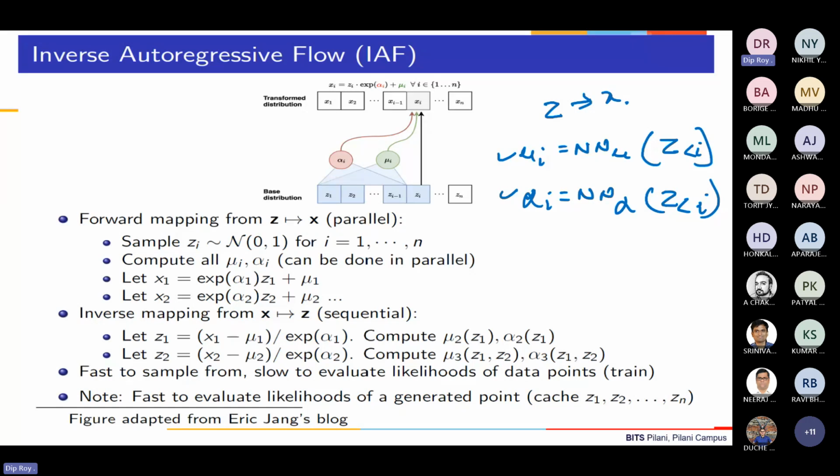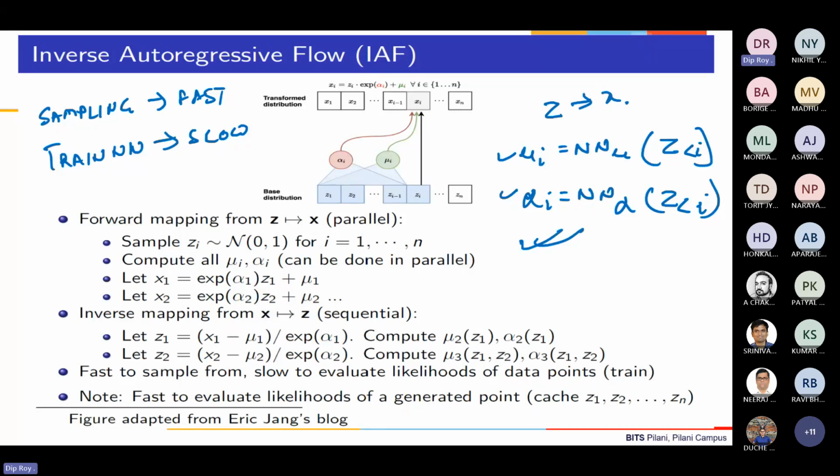So here the sampling is going to be fast. And similarly, by this time, you know that the training here is going to be slow. Why? Because during training, we have all the X's, but the Z's have to be computed in this particular manner using the inverse mapping.